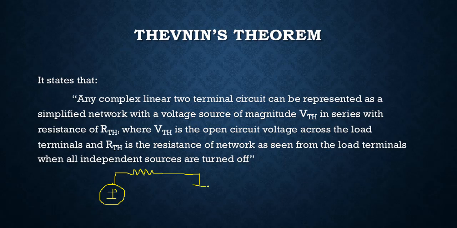And finally we have a load terminal or load box where we can say that the load resistance is connected. This is RL, this is V Thevenin, and this is R Thevenin, right?